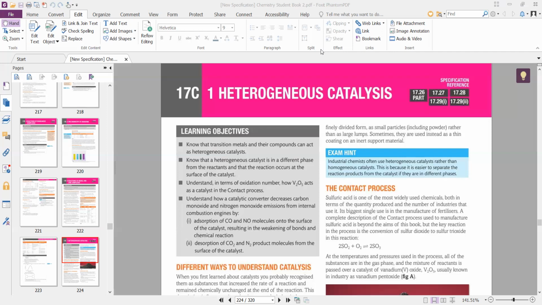It speeds up the chemical reaction by providing an alternative pathway with lower activation energy and remains chemically unchanged.